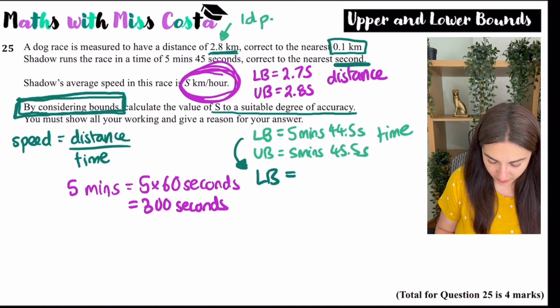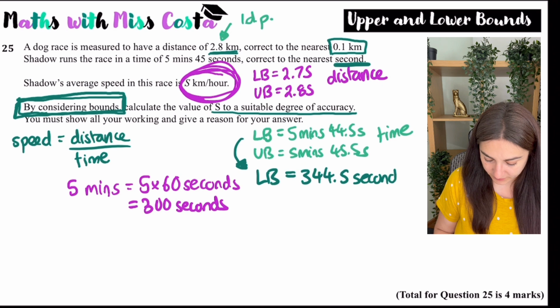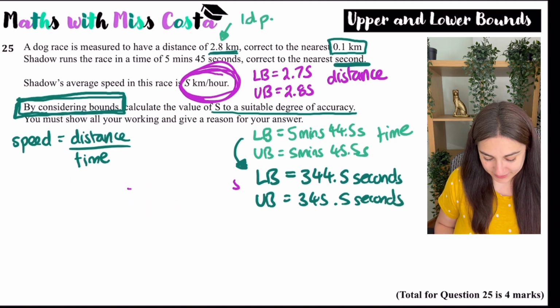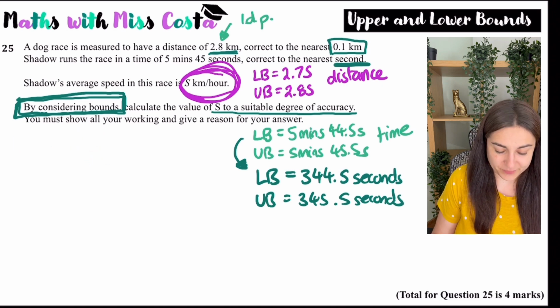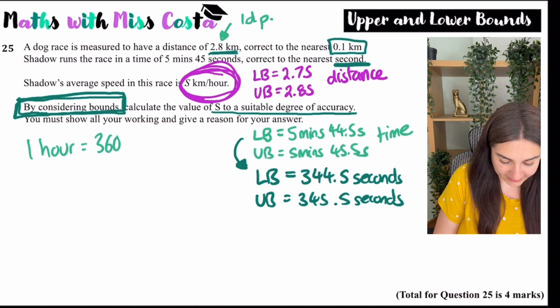So the lower bound of time is going to be 344.5 seconds. And the upper bound of time is therefore going to be 345.5 seconds. Now, what I'm going to do, because I need to convert this into hours, 1 hour is 3,600 seconds.